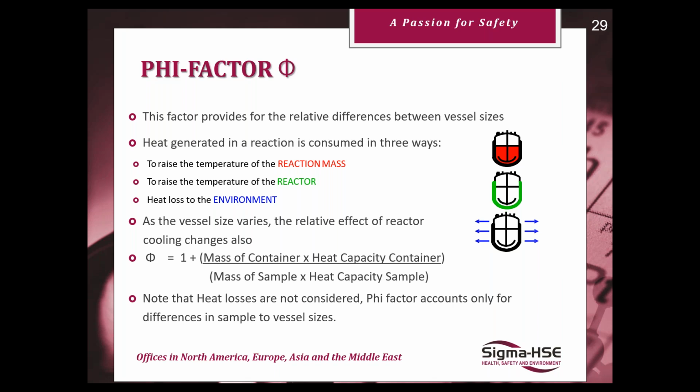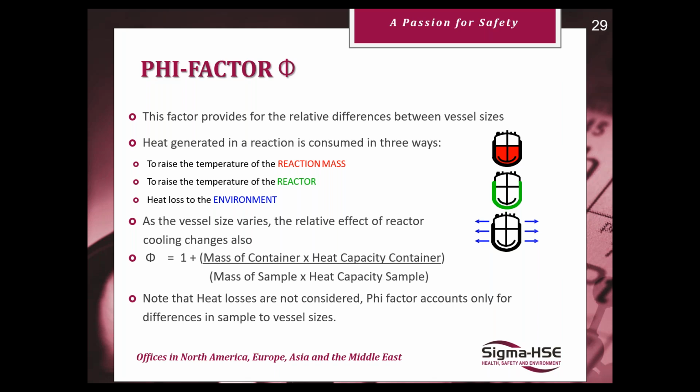So there are various kinds of phi factors. Our ARC test may be between 1.5 and 3. ARSST, VSP2 might be 1.05 to 1.5, for example. Carrier's tube, a screening test, will be 2.5 to 5.